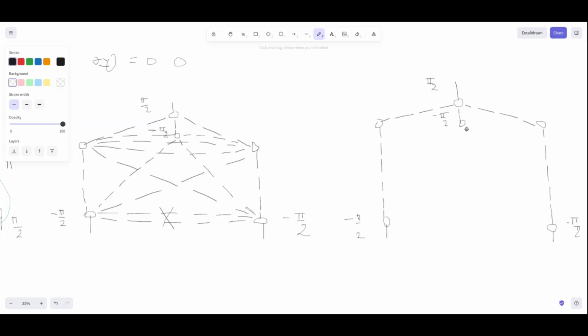So we still conserve this. Conserve this. Conserve this.